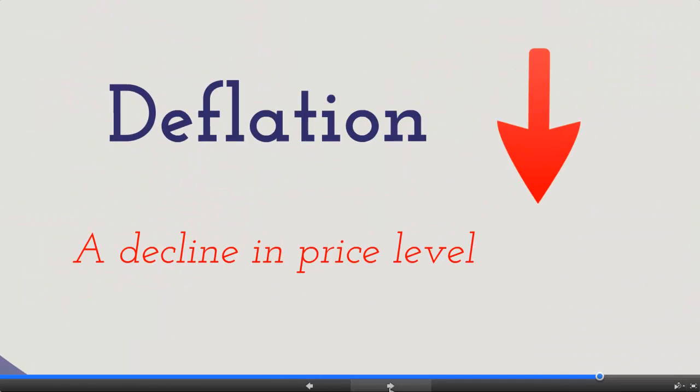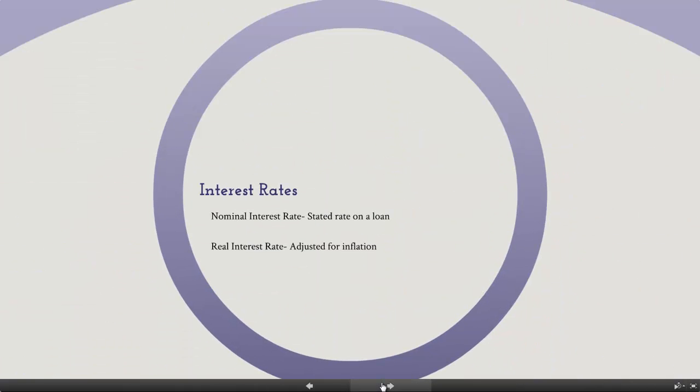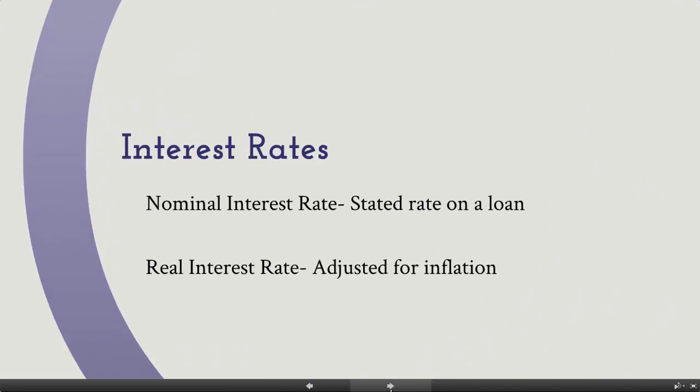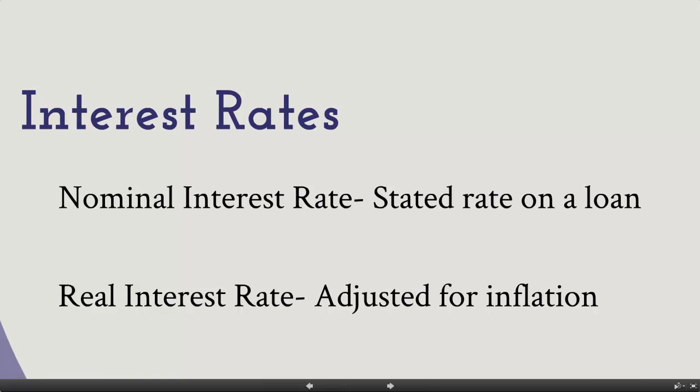Deflation is a decline in the price level. Deflation can happen because there are things that we can do, which we'll talk about later in this course, to try to change the price level. Now, when we're talking about inflation and deflation, what is an interest rate? A nominal interest rate is an interest rate stated on a loan. That could be on a graduate school loan.